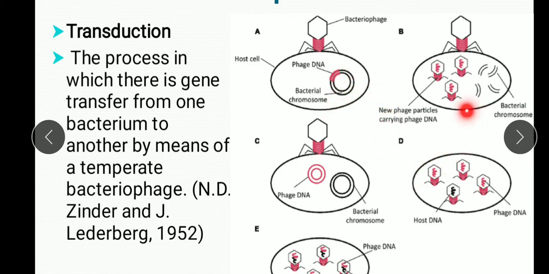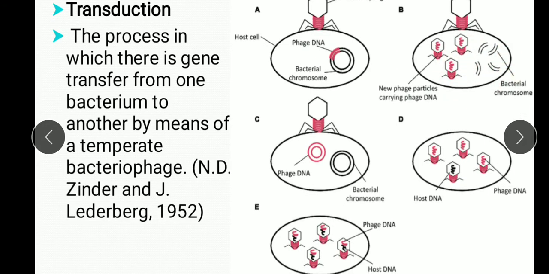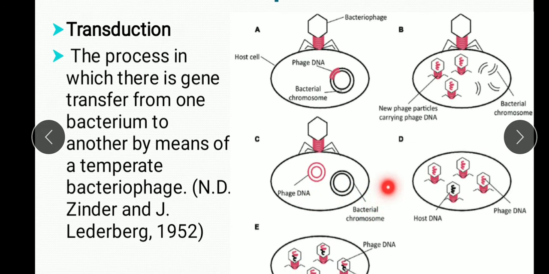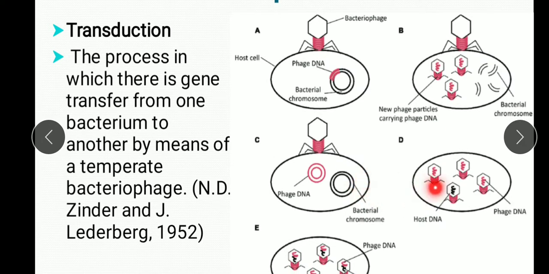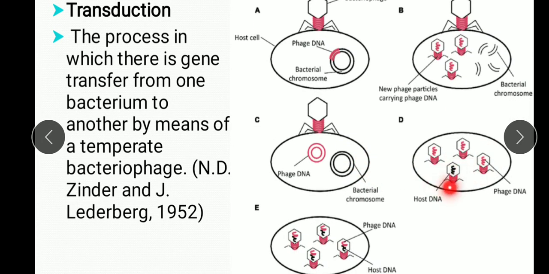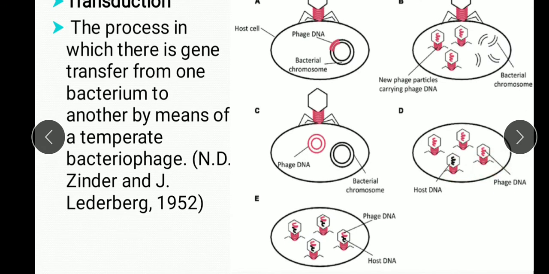Then further, the phage DNA forms many new phage particles carrying the phage DNA, and this is the bacterial DNA. Now after this, the phage DNA and this bacterial DNA both are present in the bacterium cell, and they form many phage particles which contain the host DNA also and the phage DNA also. Now they undergo recombination.